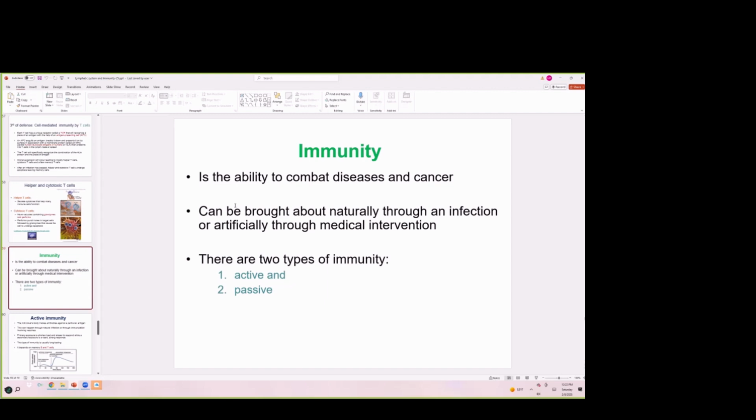If you took your shot of COVID, it exposed you to those red spike proteins, and then you had B cells, memory cells, many of them already capable of identifying it, such that when you actually get infected with COVID, you had many of those cells that could recognize its presence.